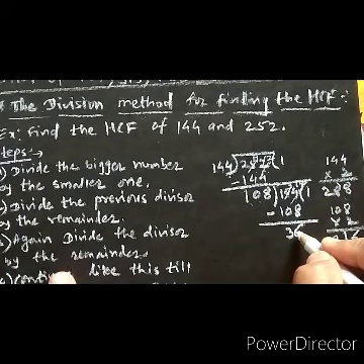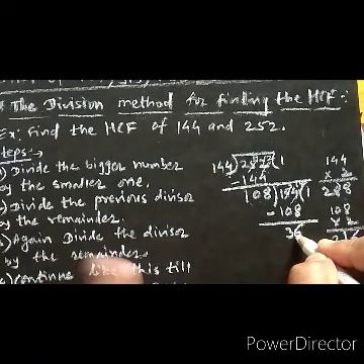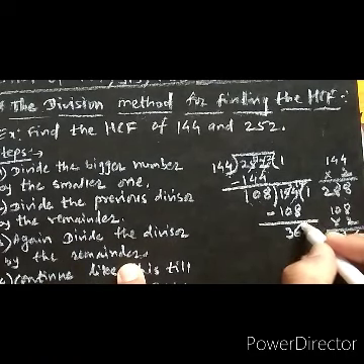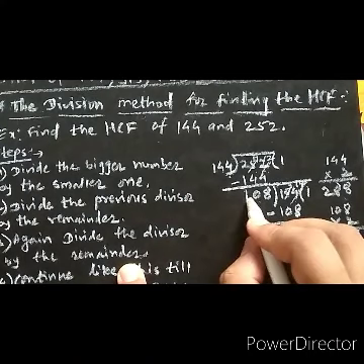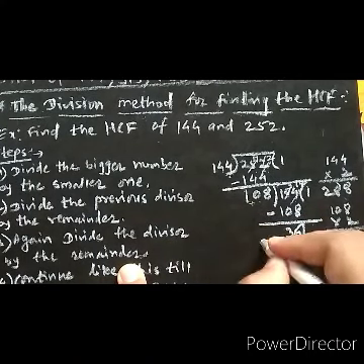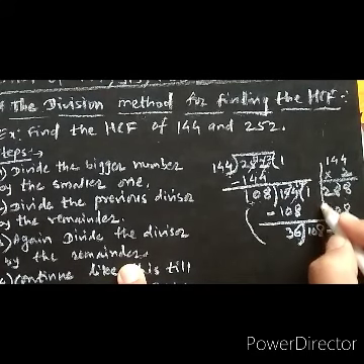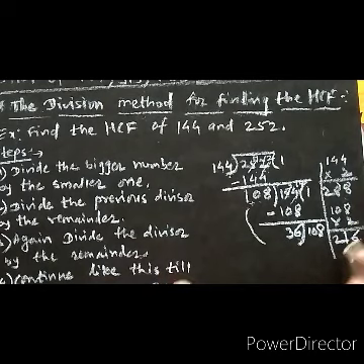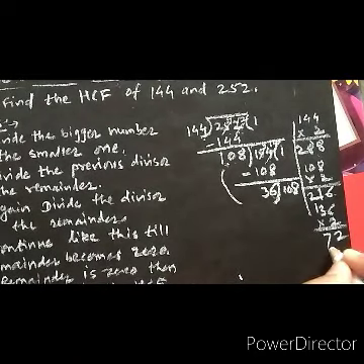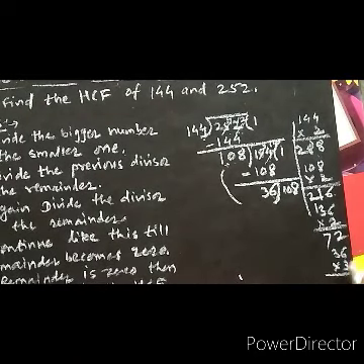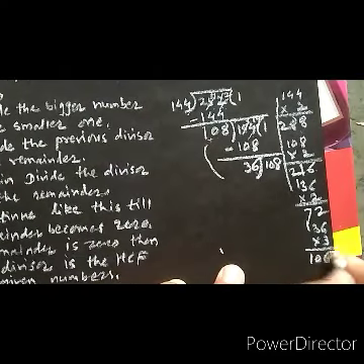Now again see the step. Again divide the divisor by the remainder. We got remainder 36 and we have to divide the previous divisor, 108. Now let us check whether 108 is there in the table of 36. 36 2s are 72, we already know that: 2 6s are 12, 1 carried, 3 2s are 6 plus 1 is 7, that is 72. 36 into 3: 3 6s are 18, 1 carried, 3 3s are 9 plus 1 is 10, 108.